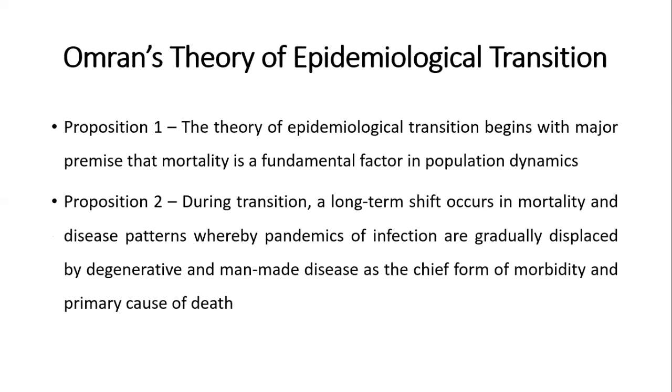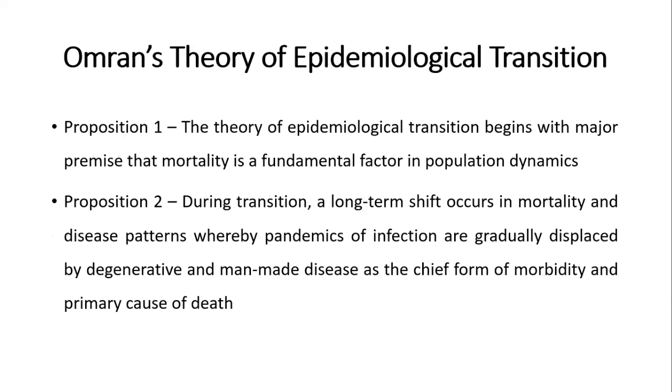The first proposition says that the theory of epidemiological transition begins with the major premise that mortality is a fundamental factor in population dynamics. So this proposition says that mortality is there and mortality is going to affect your population dynamics. The second proposition says that during epidemiological transition, a long-term shift occurs in mortality and disease pattern.